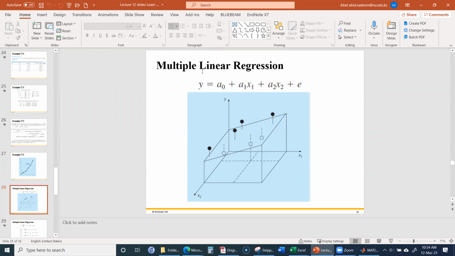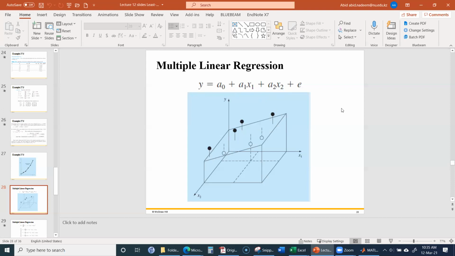Now we are talking about multiple linear regression, which means that instead of one independent variable, we have two independent variables. We can represent them by x1 and x2, so their y value will not be a line. Their y value will be a plane.